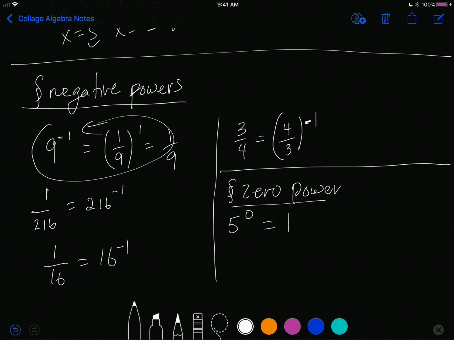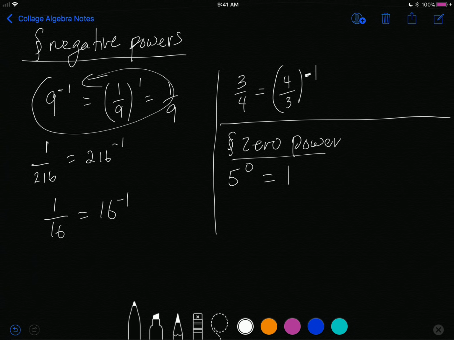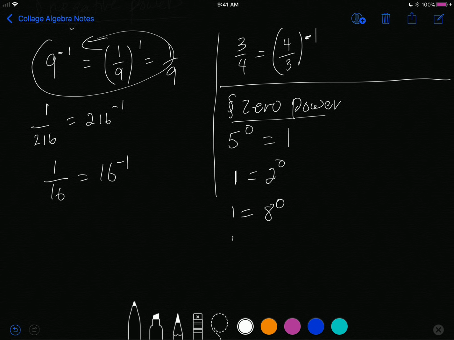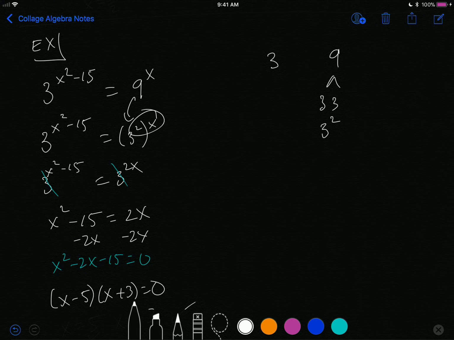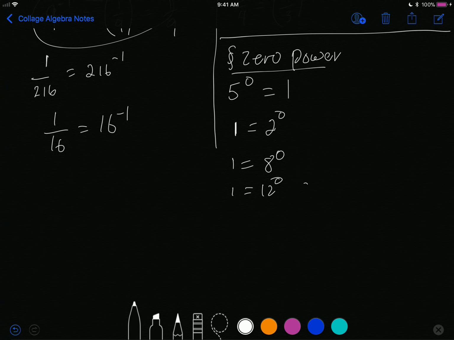But when solving basic exponential equations and I need to get the bases the same, if I have the number 1, I can write the number 1 as any base raised to the 0 power. As you'll see in a little bit, this is quite useful sometimes in helping you solve a problem, because you know you've got to get the bases to be the same, correct? Here I have my choice of base.